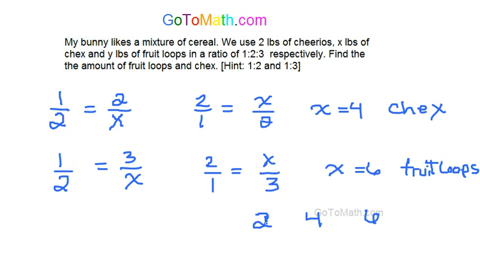So you see, if you reduce these things down, you got 2 over 4. That ends up being a half, or you could reduce that to a 1 to 2 ratio. And then 2 over 6 is a 1 to 3 ratio. You see that? Turn these into fractions here.